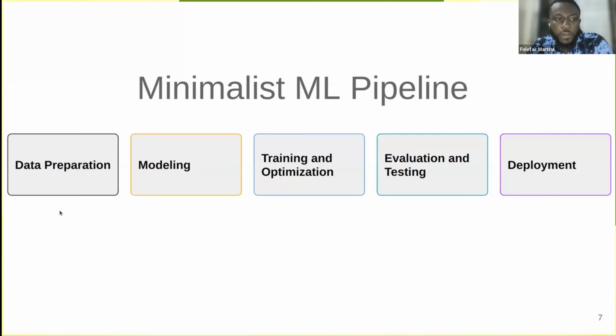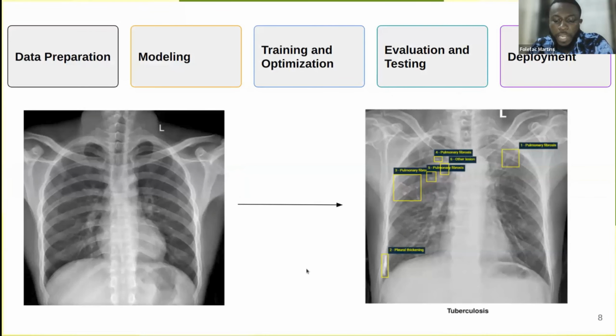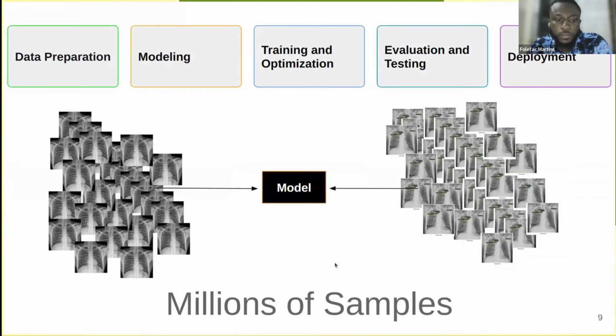That involves data preparation, modeling, training and optimization, evaluation and testing, and then deployment. With this minimalist ML pipeline, it becomes much clearer when solving your different machine learning problems.